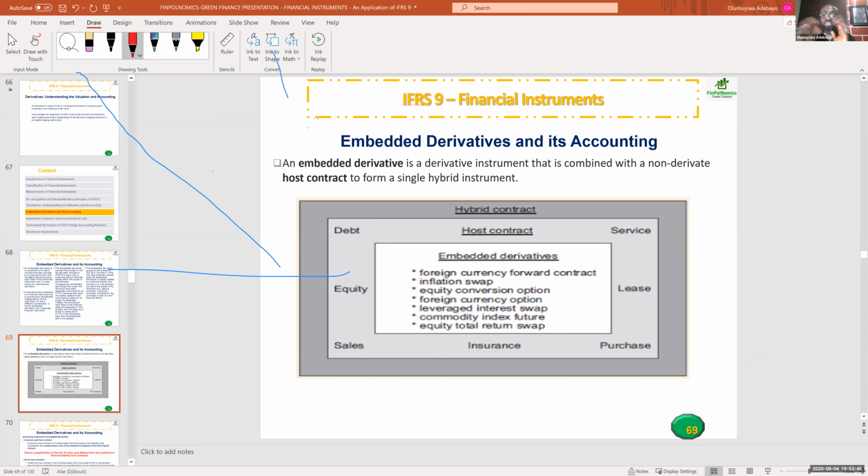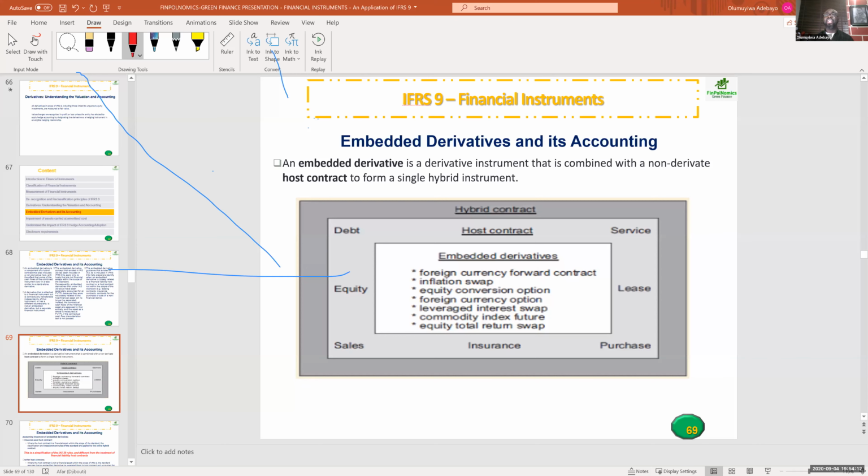Now let me give you a practical example. Imagine you have a construction contract. A construction contract is a normal contract, which you call a host contract, a standalone contract. But this construction contract is entered into in a foreign currency, but that contract will be executed in your local currency.